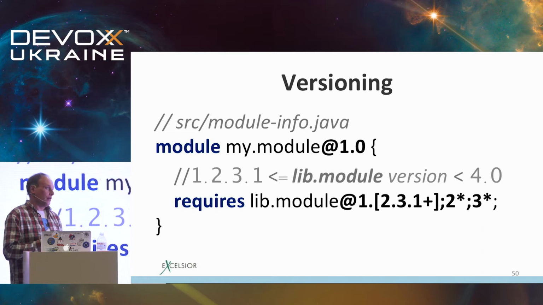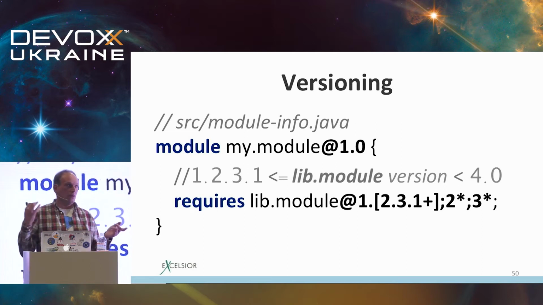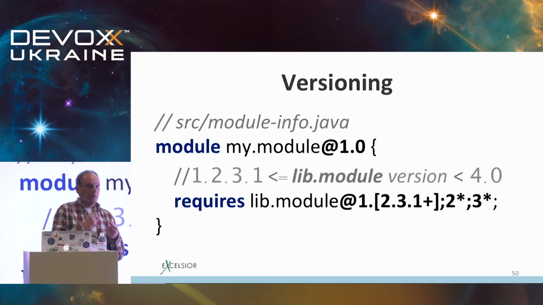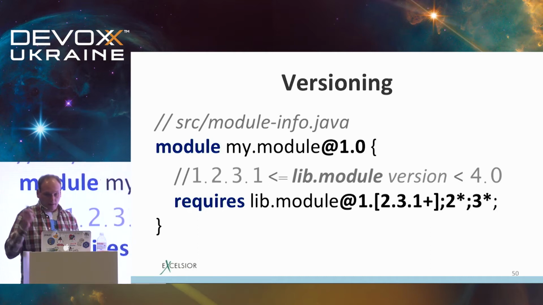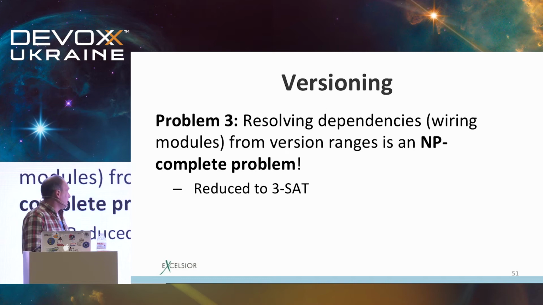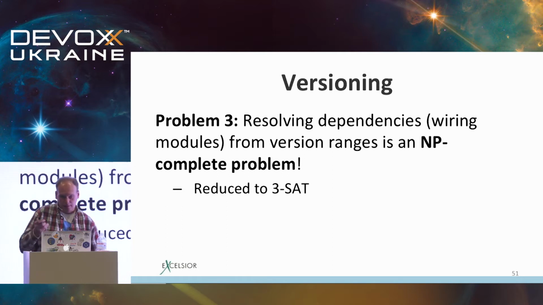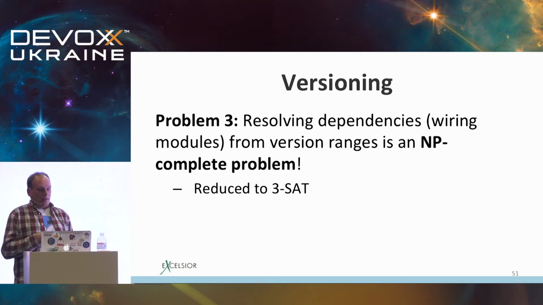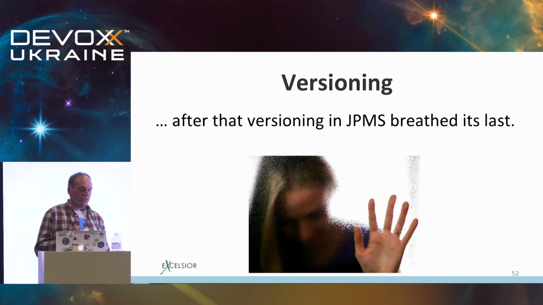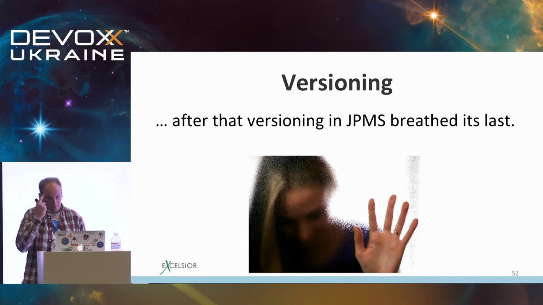And when the JDK team started to resolve that issue, it turned out that resolving dependencies from version ranges is an NP-complete problem. It's simply reduced to 3-SAT. And after that, versioning in JPMS breathed its last.